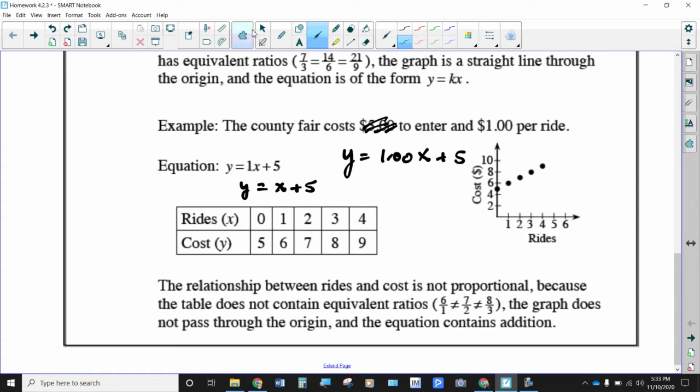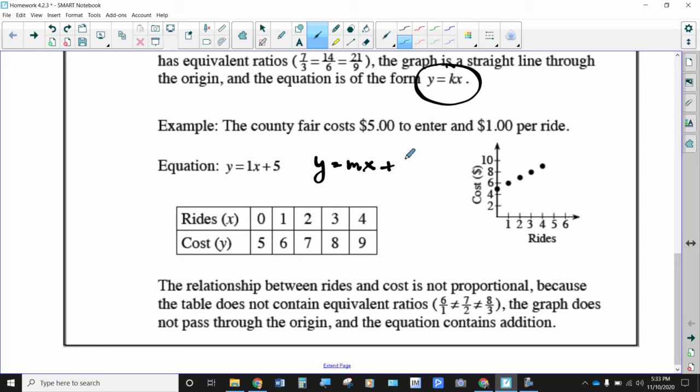So basically what we have are two forms here of this equation. You've got the proportional form, which is y equals kx, and you've got the non-proportional form, which in 8th grade we'll do more of an analysis in, where it's y equals mx plus b. So notice something's being added on at the end here that changes it, so it's no longer 0, 0, no longer proportional in nature.